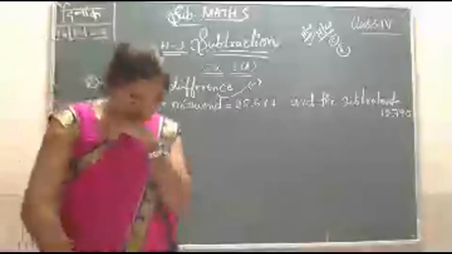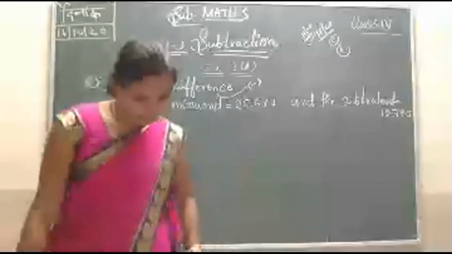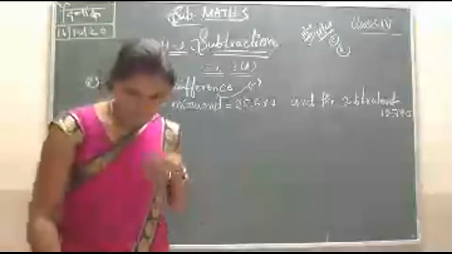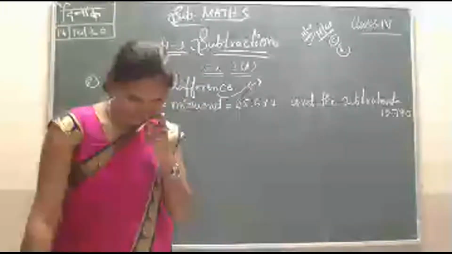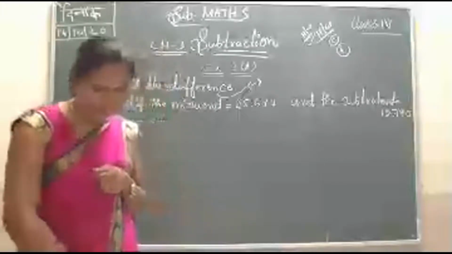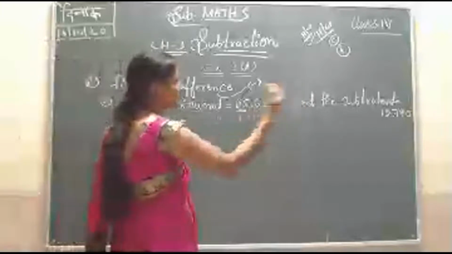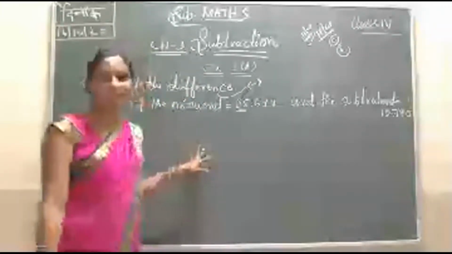So what is given as the minuend? Minuend means you have to write here. Students, observe it. The minuend is given 25,677. The subtrahend is given as 12,790.